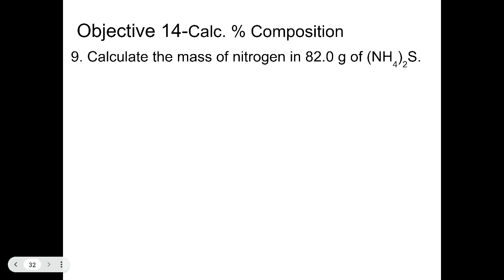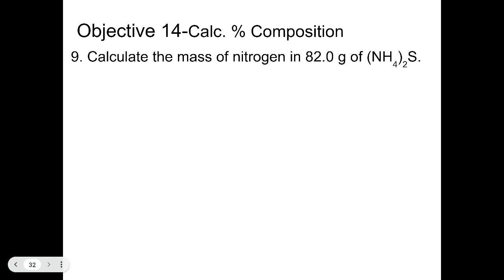So we're going to take that total, put 68.1 grams per mole as our total here. So we're going to do 28 divided by 68.1 grams per mole times 100, again, to get our percentage.